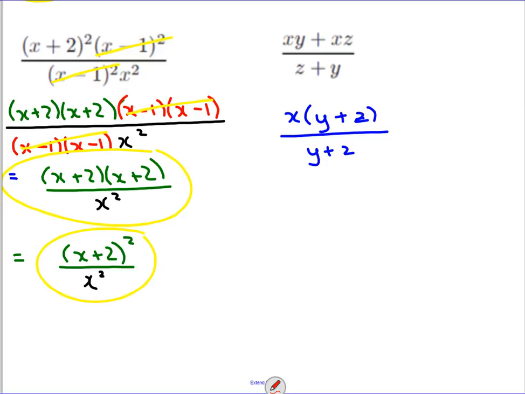Just be aware that y minus is different. If you want to count down your factors, this is a nice one. Let's move on to the next example.